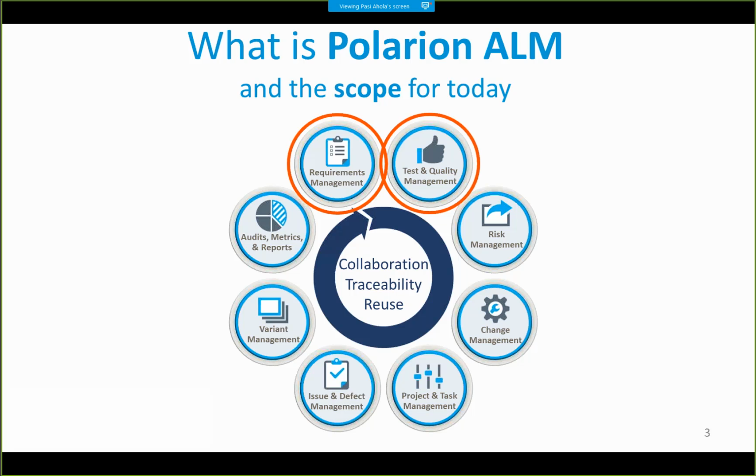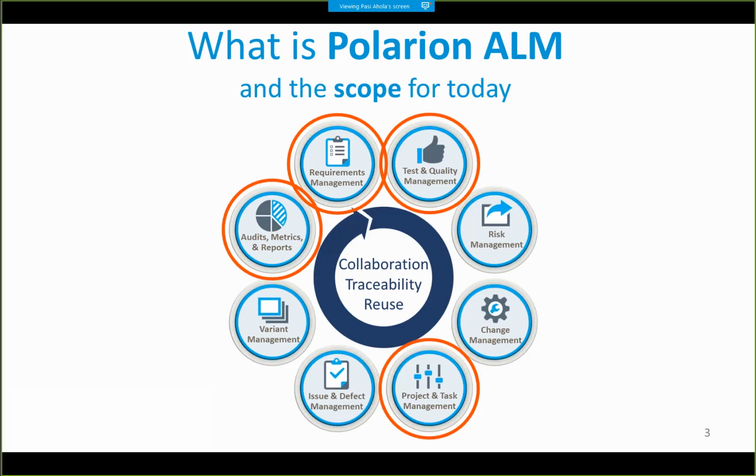For test and quality management, it means all the actions that are needed to verify and validate against the requirements. In general, in this picture, these red circles emphasize the scope for today, and Polarion is capable of much more than these process areas displayed on this page.